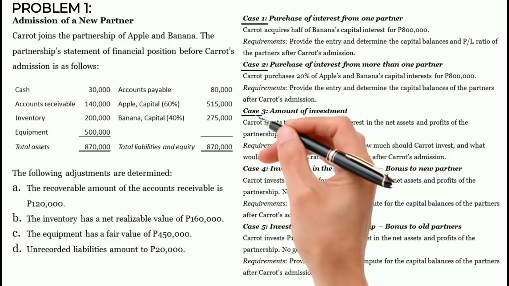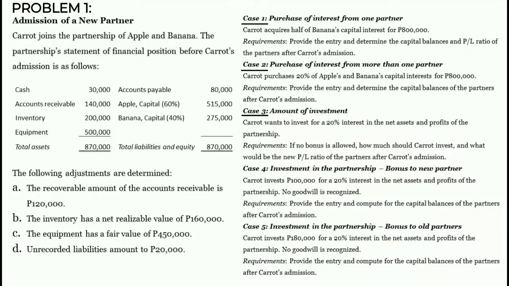Case 3. Amount of investment. Carrot wants to invest for a 20% in the net assets and profits of the partnership. Requirements: if no bonus is allowed, how much should Carrot invest, and what would be the new profit or loss ratio of the partners after Carrot's admission?